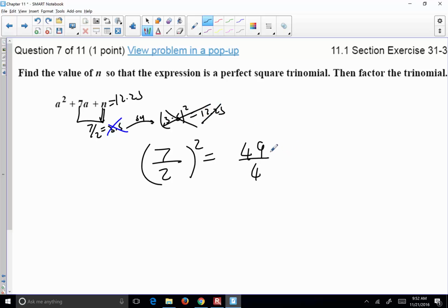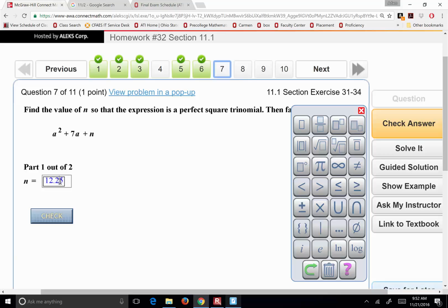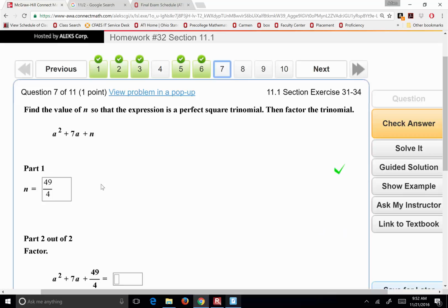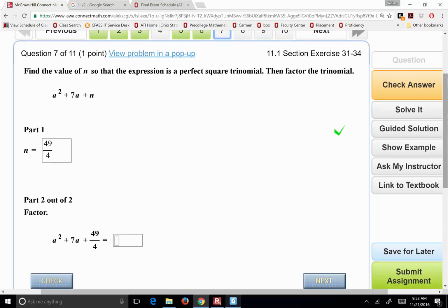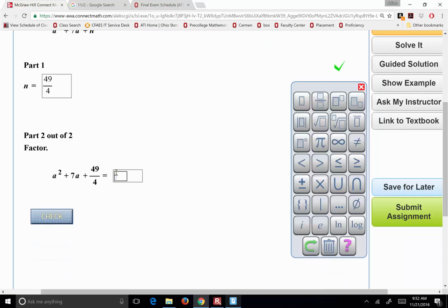Don't change this into 12 over 25. 49 over 4 is just fine. Okay? Now it accepted it, although it's the same answer. Now, they want us to change this into a square.